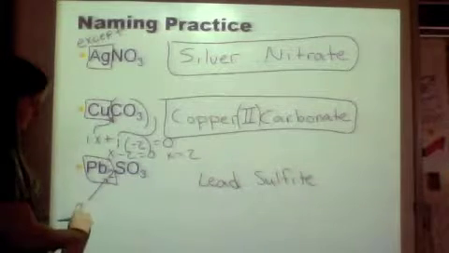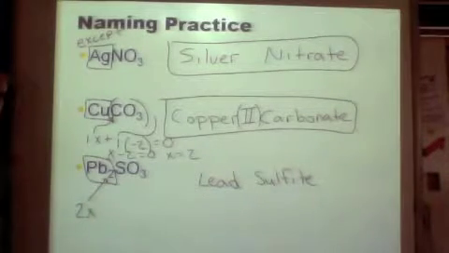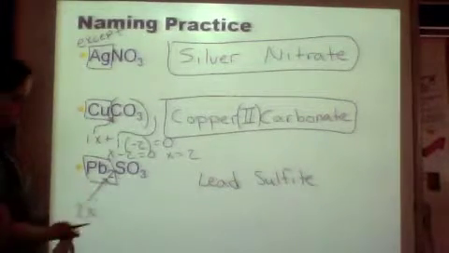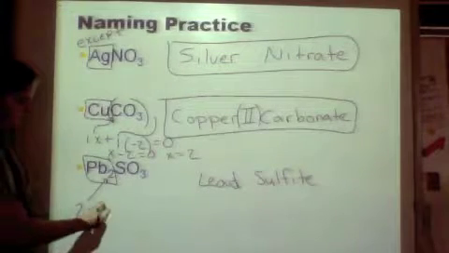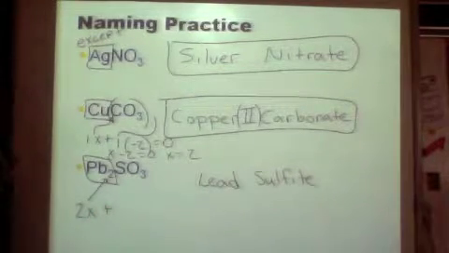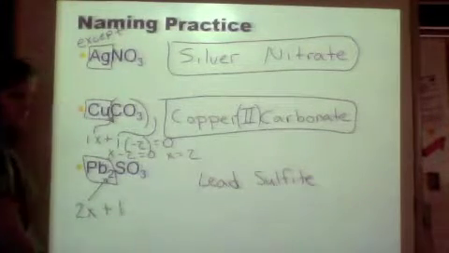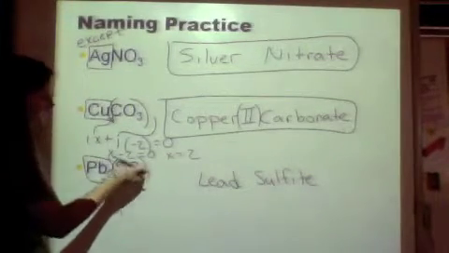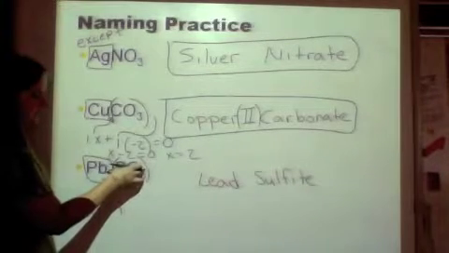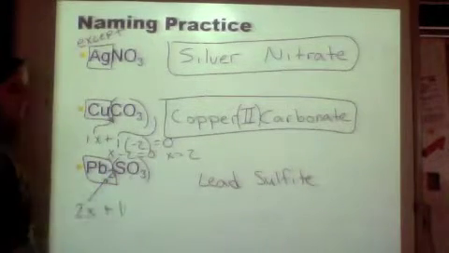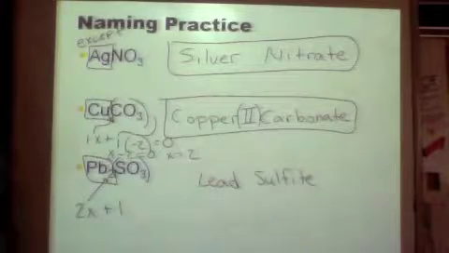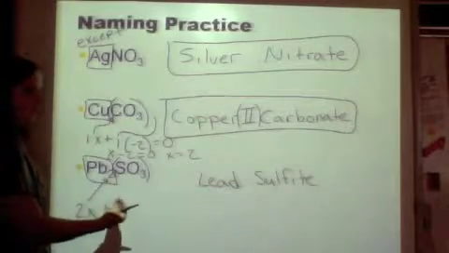So 2x, where's the 2 coming from? The fact that there are 2 leads. So 2x plus, how many SO3s do we have? 1. Polyatomic. Do not look at any numbers attached to the polyatomic. Look on the outside of the parentheses. So if there's not parentheses there, that means there's only 1.